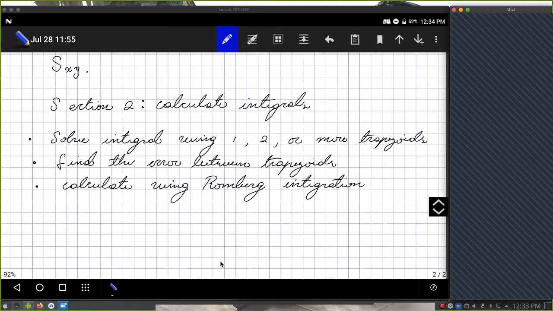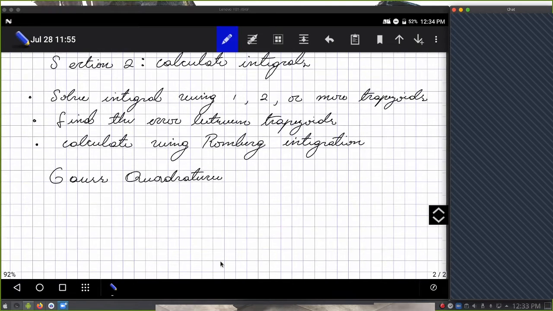Part of the same section, and something that is definitely on the exam, as I told you before, is to find Gauss quadratures. What part of Gauss quadrature can you expect? You can expect to be asked to find the linear mapping.